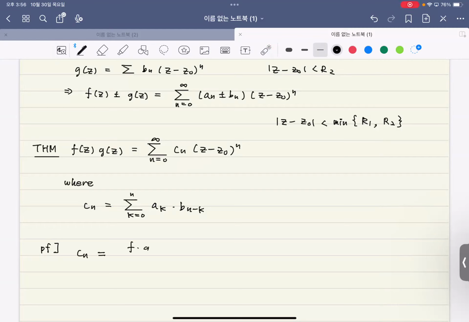So the Cn must be the nth derivative of f times g evaluated at the center and divided by n factorial.